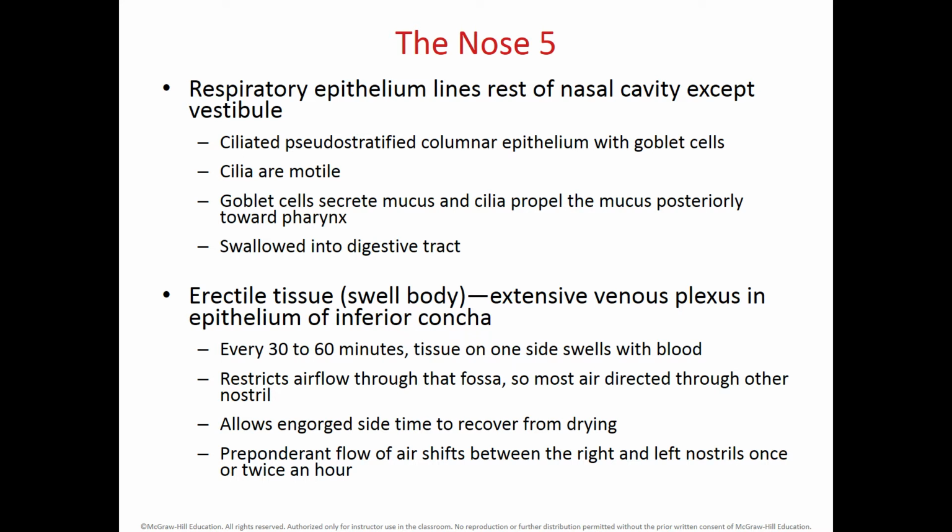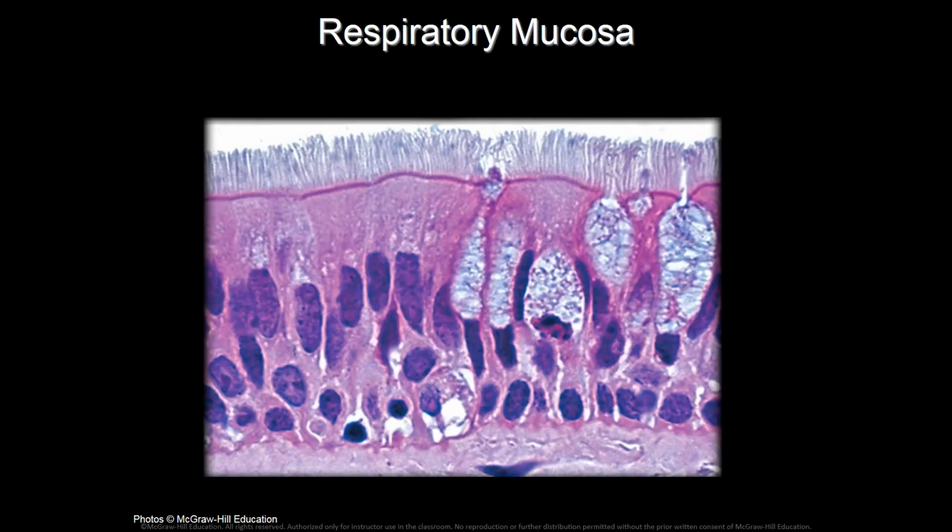Now, the nasal fossa also has this venous plexus that helps to humidify the air and also to help to warm the air, every around 30 to 60 minutes. So this is a section of the respiratory mucosa to show you the type of epithelium that we have.